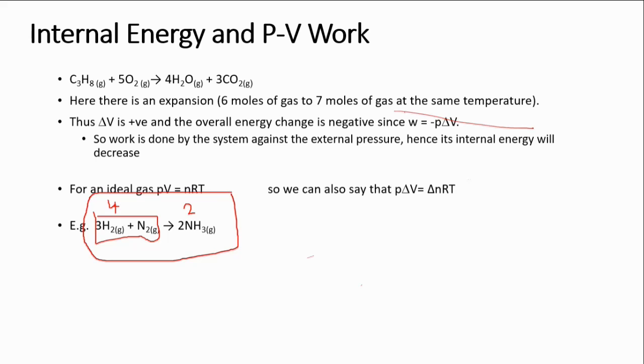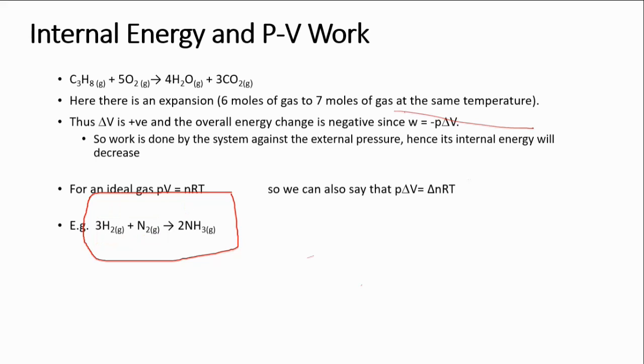Okay? That is, you will start out with a large volume and end up with a small volume. In other words, you will start out with a large balloon and end up with a small one. There's a negative change in the volume. That is, there's a decrease in the volume. All right? For this reaction, we can easily calculate the work.